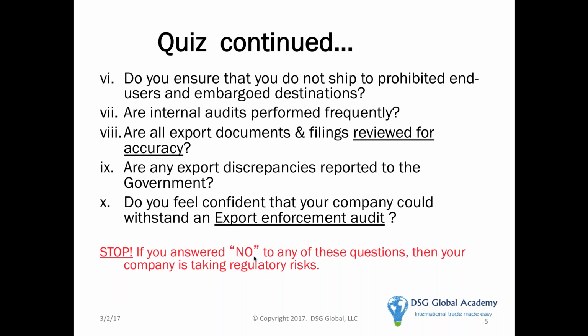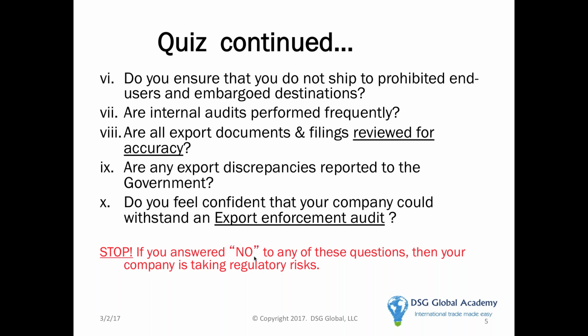Number seven, do you perform internal audits frequently? Because human errors are very common and happen all the time. And for that reason, point number 8 says, do you review on a post-filing basis all the export documents you submit? And to just check that you didn't put Schedule B instead of your tax ID number, or something like that.